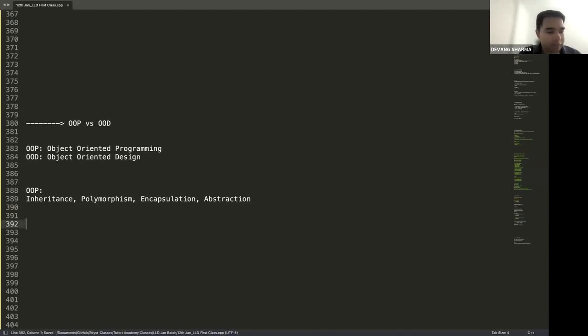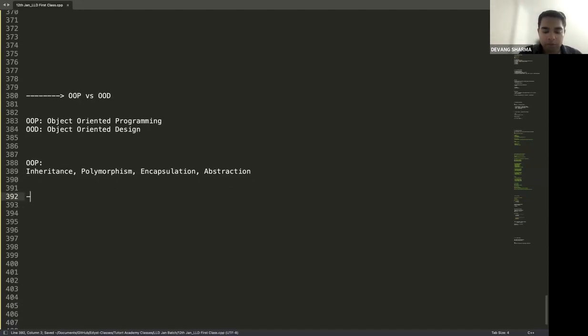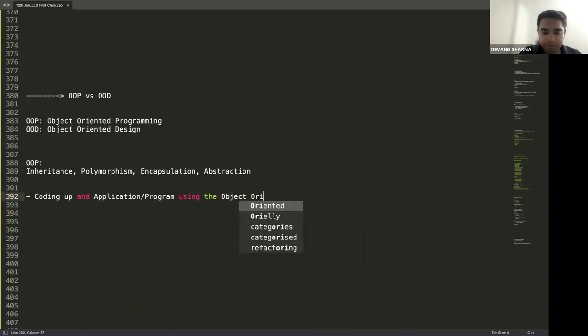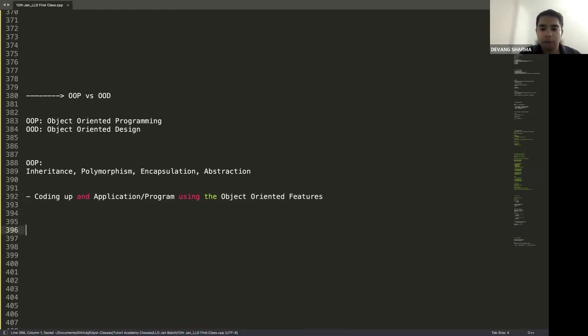These are the four pillars that we have. So coding up an application or program using the object-oriented features, that is what we call object-oriented programming.